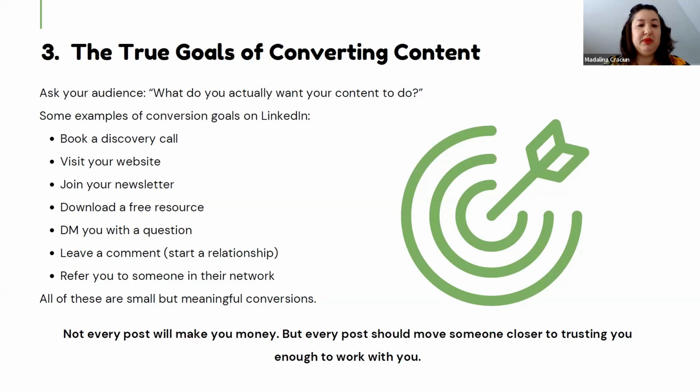All of these are small but meaningful conversions. So not every post will make you money, but every post should move someone closer to trusting you enough to work with you.